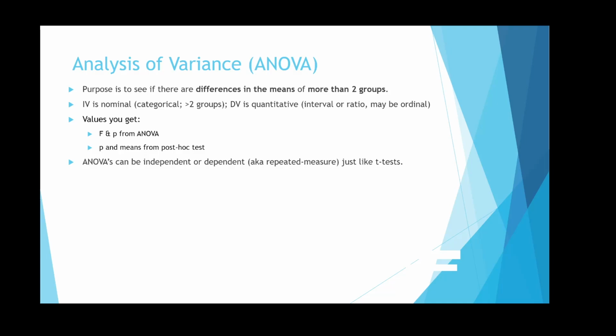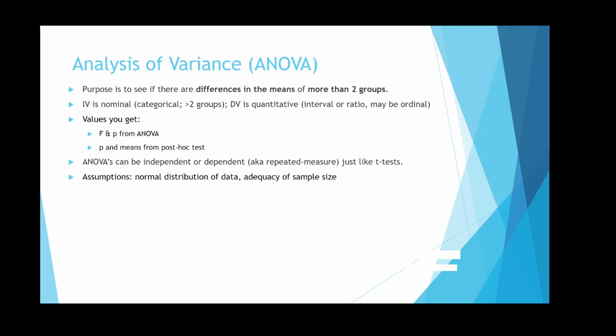Well, let's say you have a time 3 measure on that same group of people, or maybe a time 4, time 5 measure. That is called a repeated measures ANOVA. We are not going to get into how to do a repeated measures ANOVA, but you could very easily search for a YouTube video on how to do one, and it wouldn't be very difficult, especially once you know how to get through this type of ANOVA that we are covering.